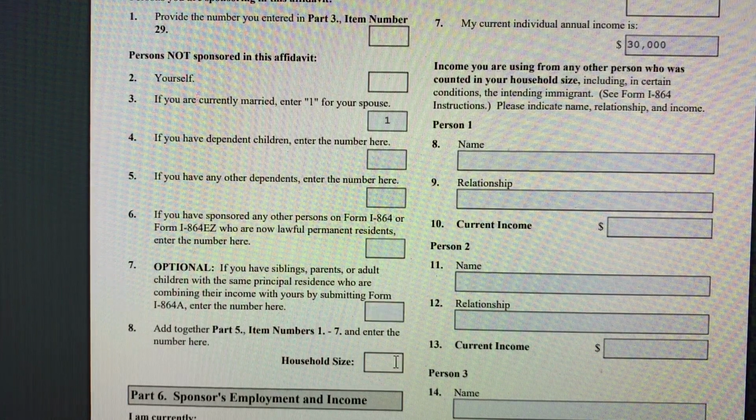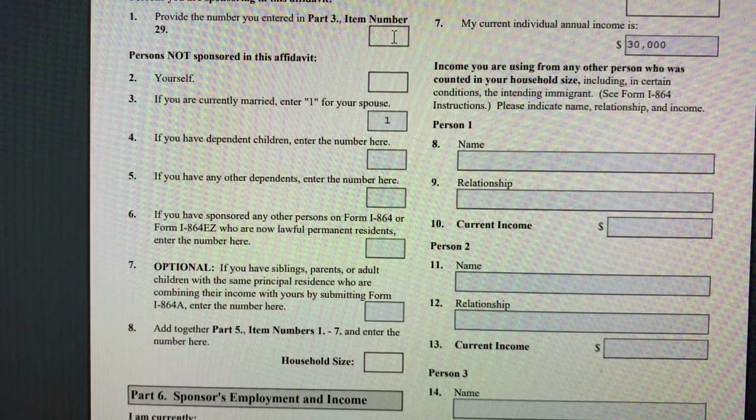So you need to add here the household size.